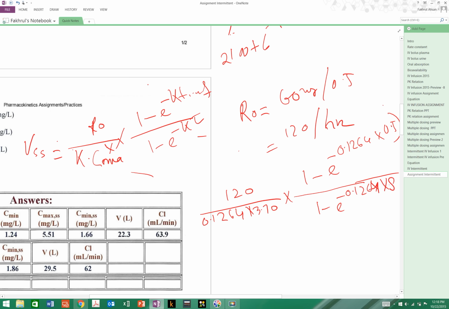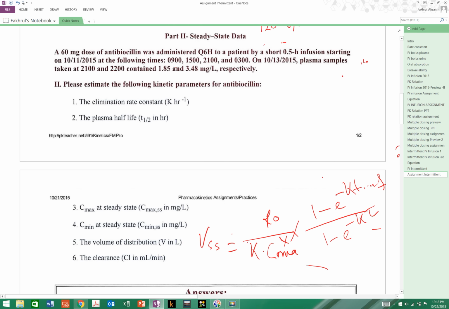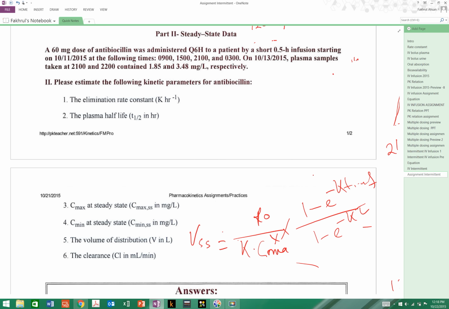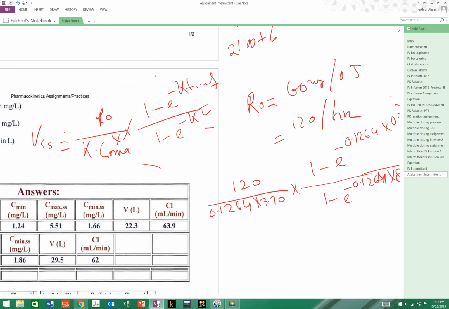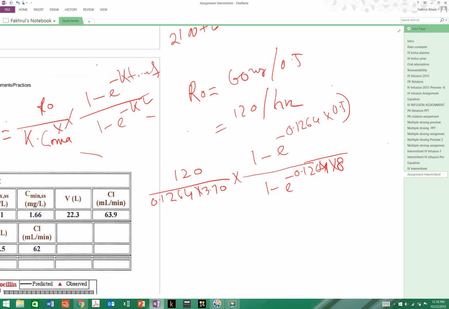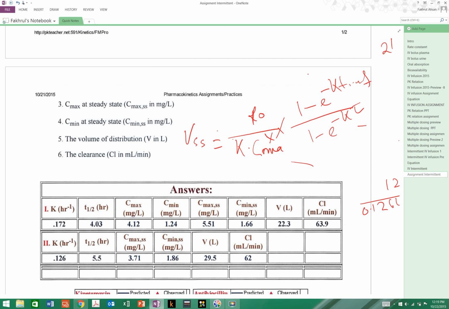Tau means 8 hours, I think. Oh no, it is 6 hours here. And this should give you an answer of 29.5 liter. And then when you have volume of distribution, clearance is easy.